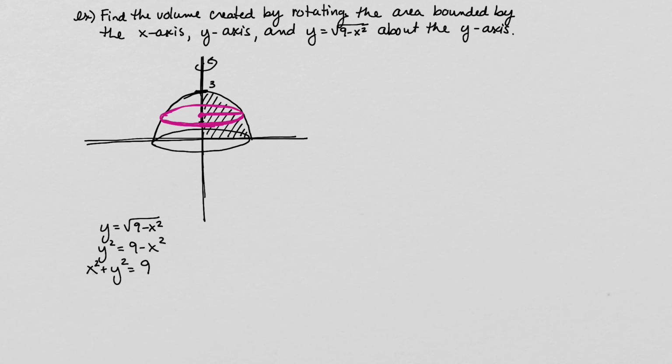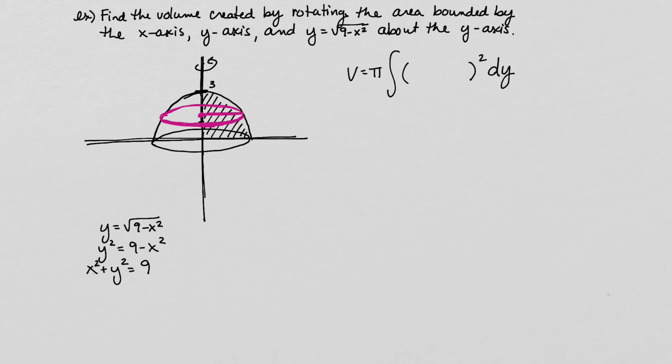Okay, so my volume is going to be pi times something squared d something. In this case, I rotated around the y-axis and my discs are sideways. Because my discs are sideways, I'm going to be dealing with dy.